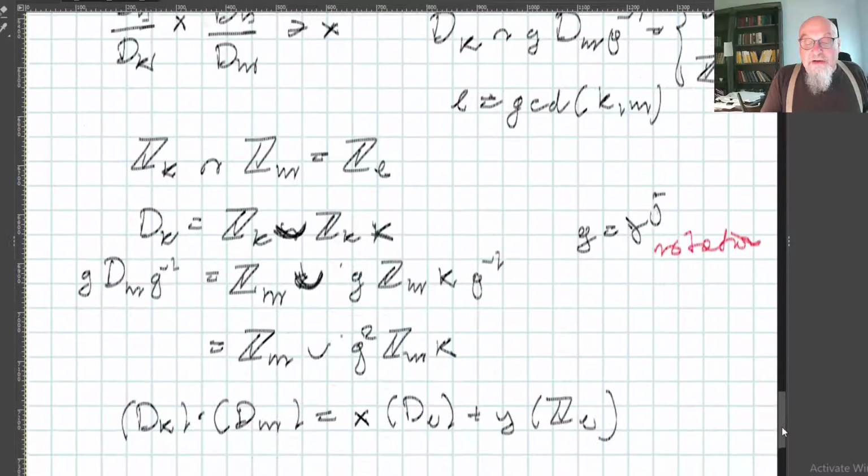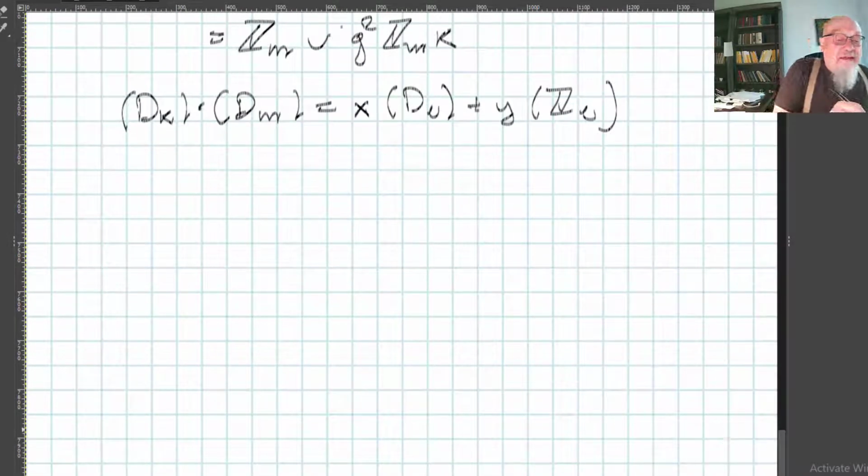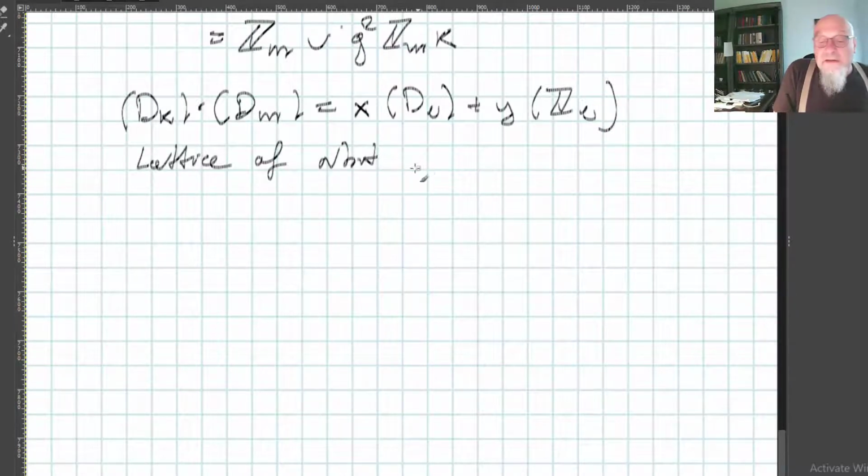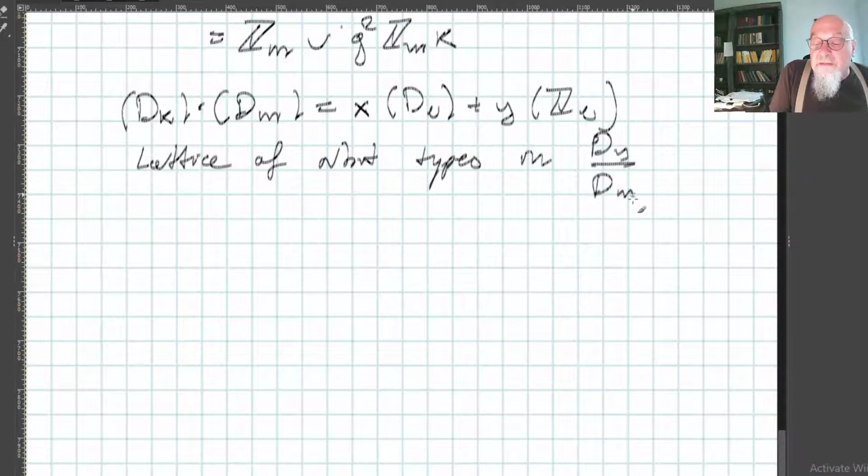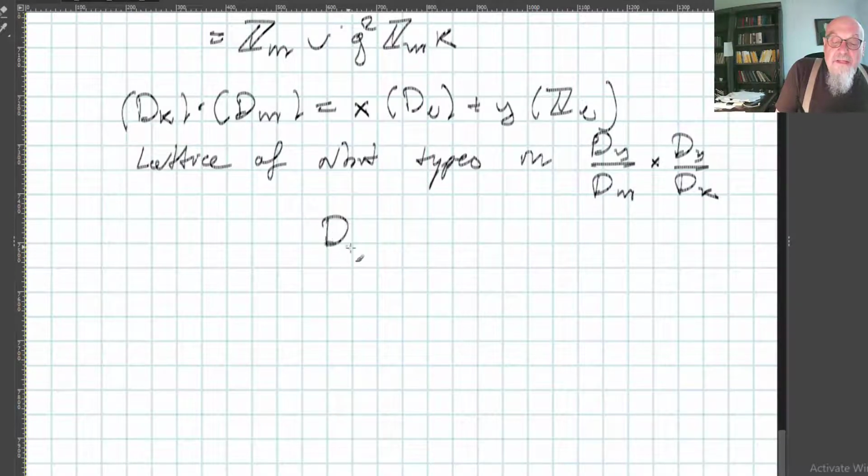So we already see that the lattice of orbit types in DN divided by DM times DN divided by DK is just simply DL and ZL.